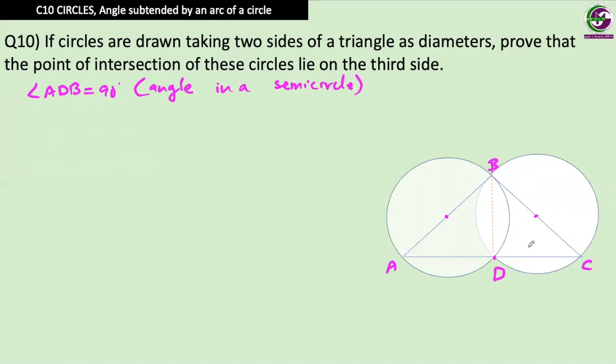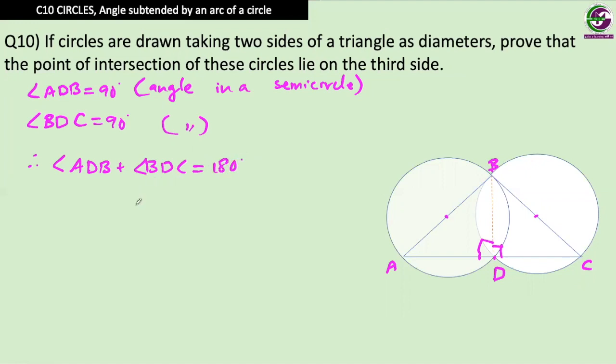Also, angle BDC is 90 degree. Same reason from the second circle. So we have 90 degree and 90 degree. Therefore, angle ADB plus angle BDC is equal to 180.